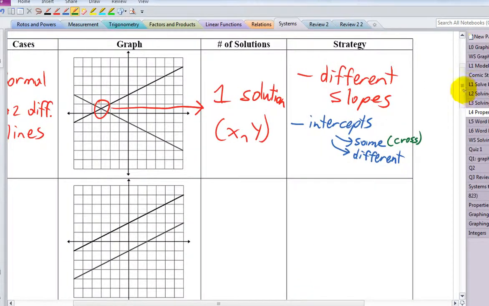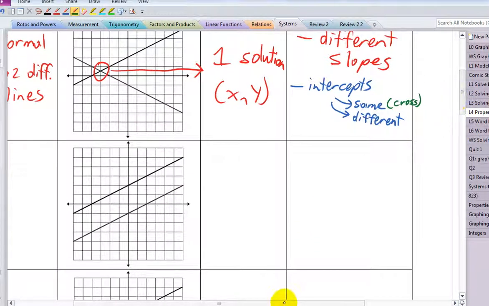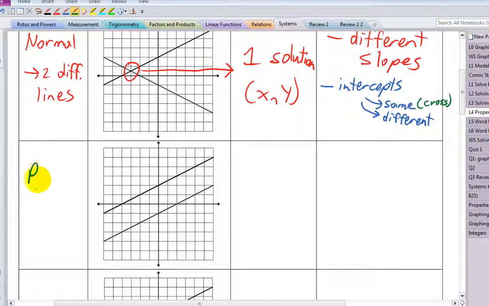What kind of lines do we have down here? Parallel. Parallel lines, and the thing that makes them parallel is that they never cross. So how many solutions would they have? Yeah, 0 solutions.